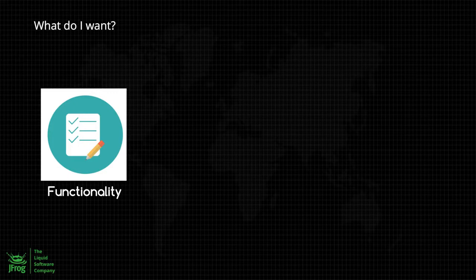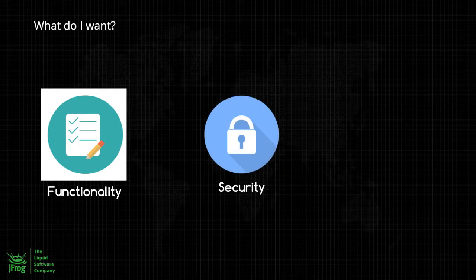That's pretty obvious. You want security. You want to be able to control who can access what binary, what package within your binary management tool. But you want also to be able to track who produced which binary, who downloaded which binary, and so on.